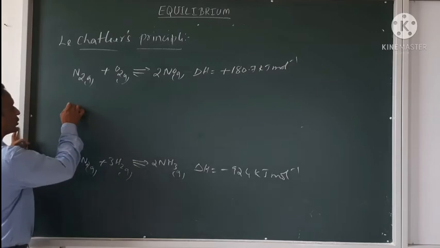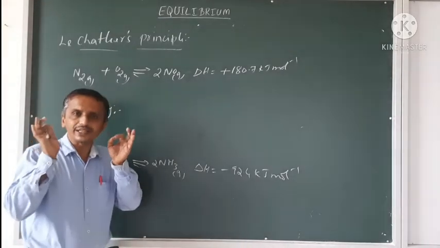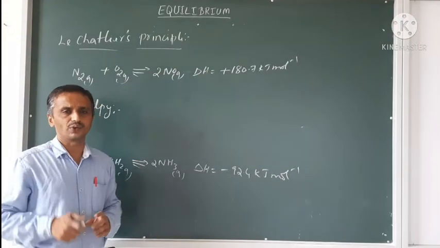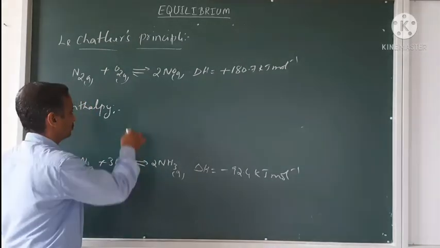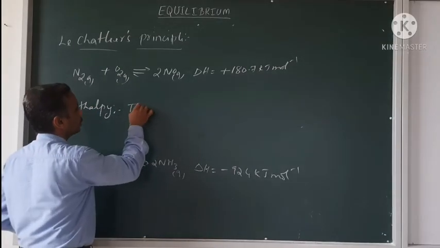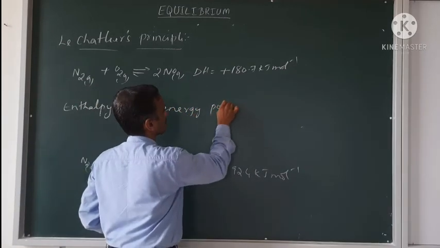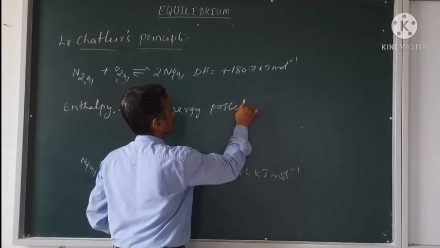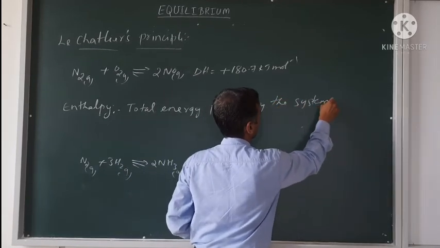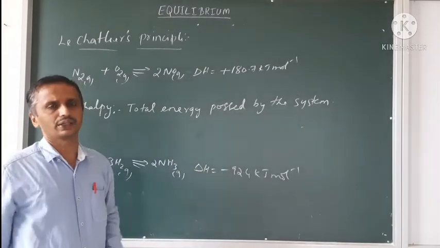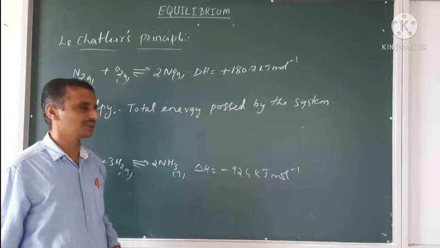What is the meaning of enthalpy? The total energy of the system, or the total energy possessed by the system, that is the enthalpy. Usually it's the heat content only. That's why delta H represents the total heat content of the system.